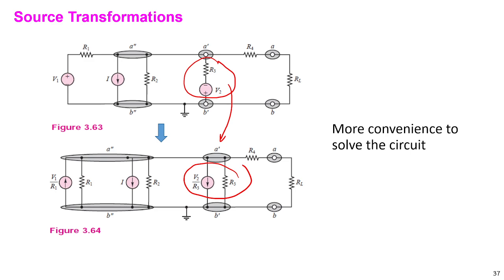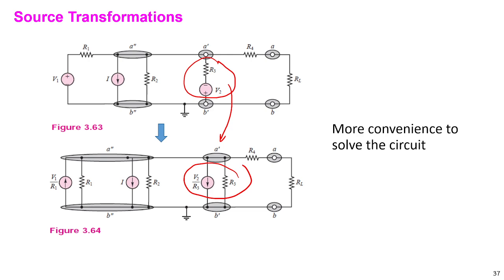A voltage source in series with a resistor can be represented by a current source in parallel with a resistor.